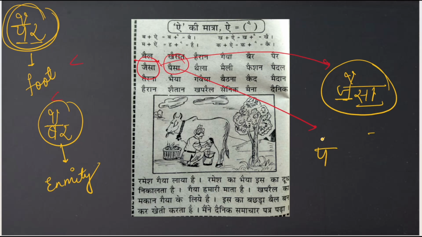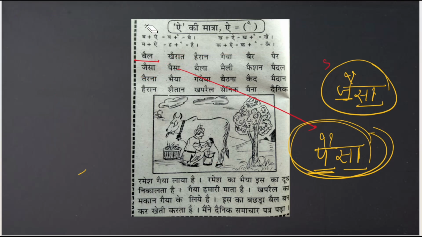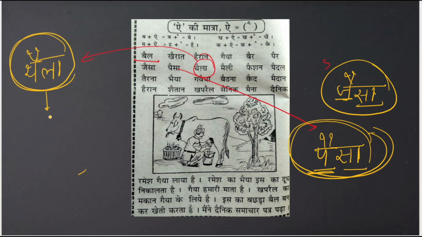This is pa, and this is matra of I. Now it became pi, and this is sa, this is matra of aa. Now it became paisa, okay? Paisa. This is tha, this is matra of I, and this is la, this is matra of aa. Now it became thaila, which means bag.